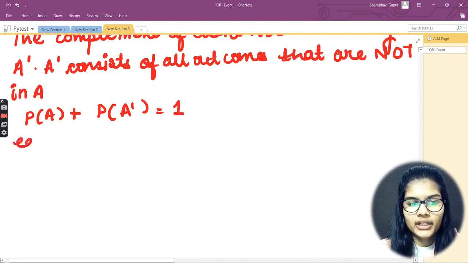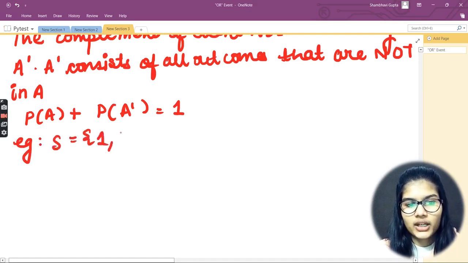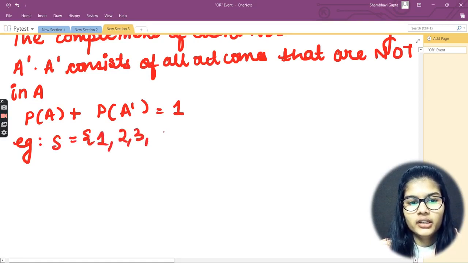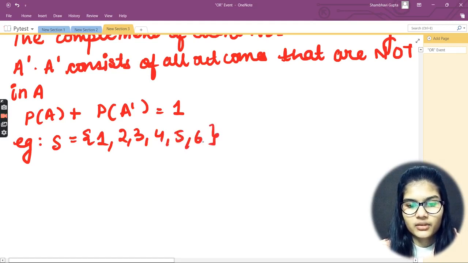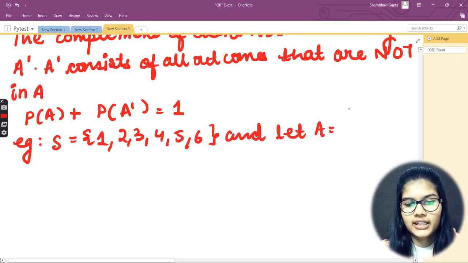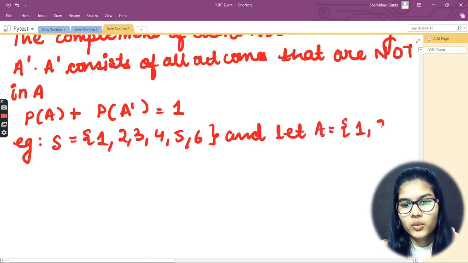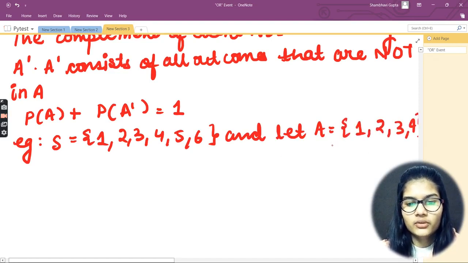Now let's take an example. Let's say I have a sample space of 1, 2, 3, 4, 5, and 6. Let A be equal to 1, 2, 3, and 4.